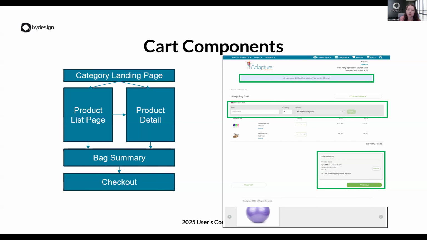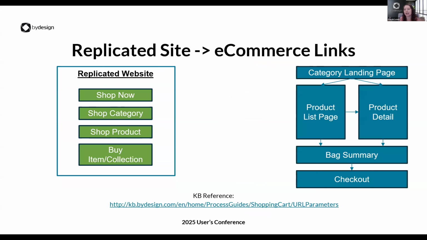But after the bag summary, obviously they land at the checkout and they're done. Now, it's important to understand the replicated site or that WordPress site that I talked about at the very beginning and how it correlates to the shopping cart. It's important to know this because you actually have a lot of flexibility here as well.